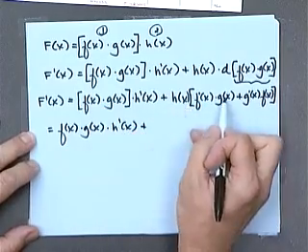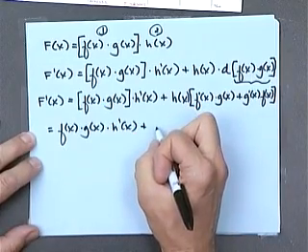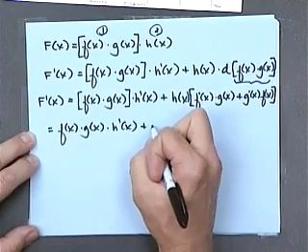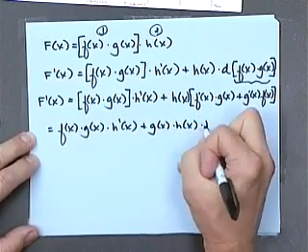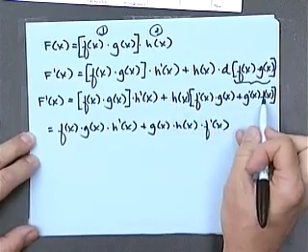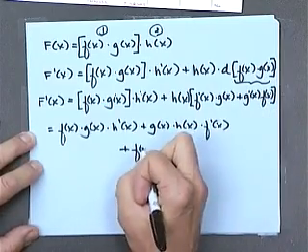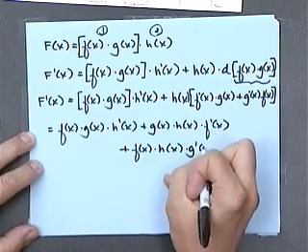Let's distribute the h here. I'm going to put it in an order where hopefully it will be clear: g h times derivative of f, and then distribute this h to this term, and that ought to be f h times derivative of g.